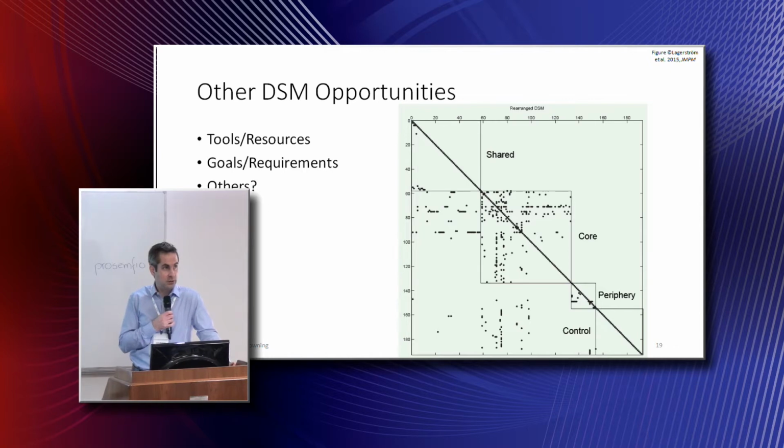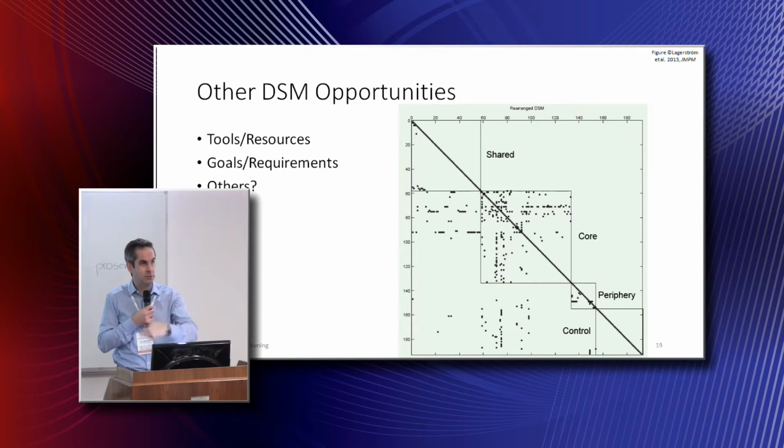What are the goals and requirements for a project or for a system? So requirements are related to each other. Sometimes achieving one requirement makes it harder to achieve another requirement. Sometimes these are competing requirements. It could be a negative sign in the DSM to represent a relationship between two competing requirements, or a positive sign to represent making one requirement makes it easier to get another requirement.